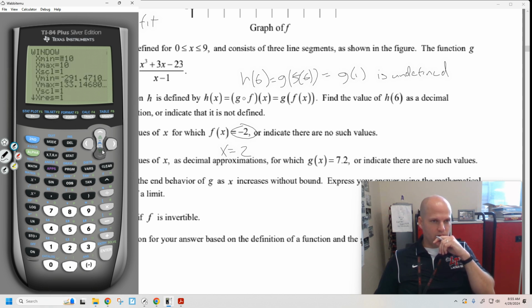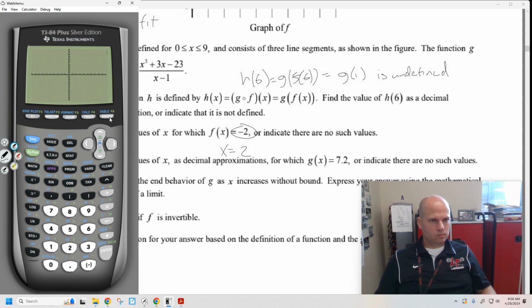I need to shrink my y's a little bit. Again, I'm not going to see that end behavior. And I'm not going to see all the things. So we've got to go out some more.